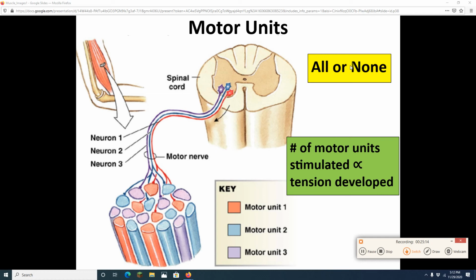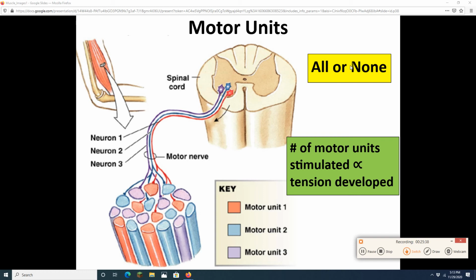Think about holding your arm out, abducted, like you're making a T with your arms and your body, okay? Does it take a lot of strength just to hold your arm out? Not really, right? What muscle is holding your arm out in that abducted state? If you said deltoid, you are correct.